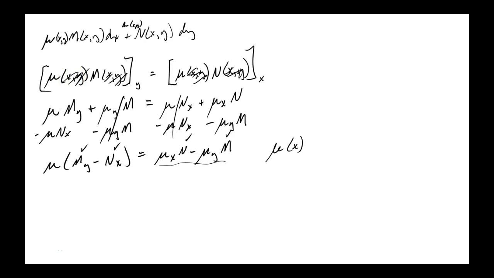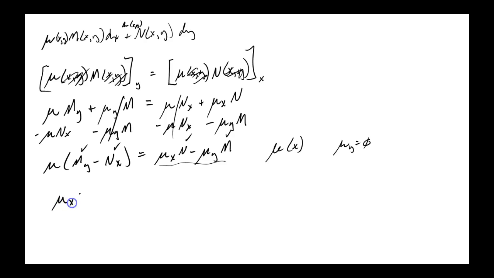If that's the case, then let's solve this for mu sub x. If it's a function of x alone, then mu sub y is equal to 0, because there is no y dependence. They're all x's there. There are no y's. You take a derivative of it, so that's 0.